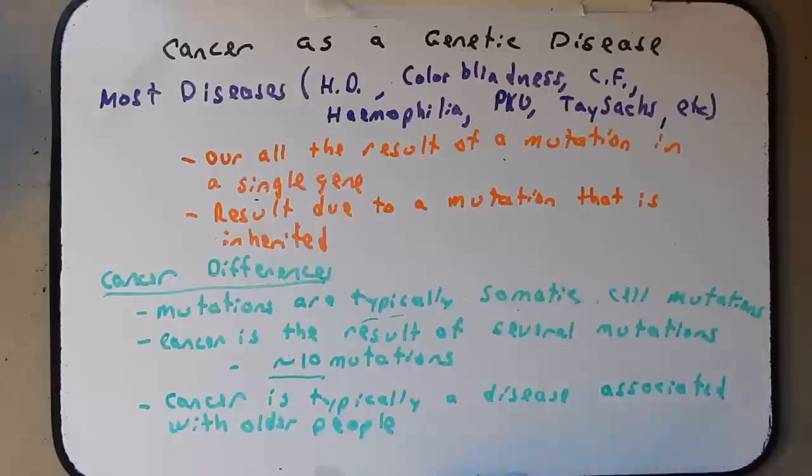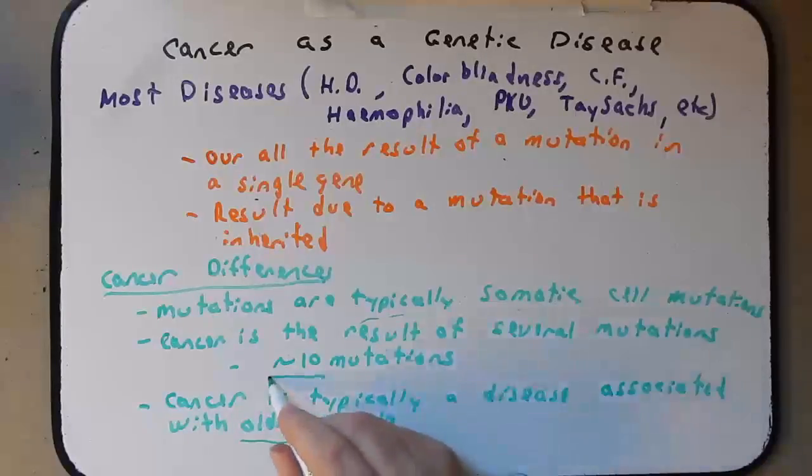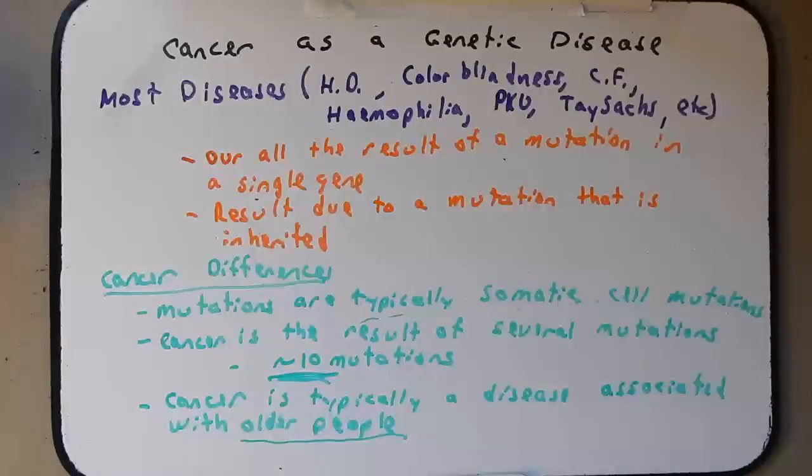So it's not always found in older people, but it's more likely to be found in older people. And as you age, your chances of getting cancer increase. That's because it takes a while for 10 mutations to set in to develop into cancer, because our cells are very good at finding these mutations and eliminating them. So it takes a while for all those 10 plus mutations to occur and persist.